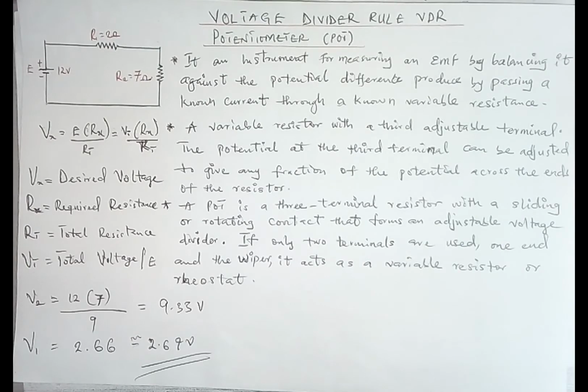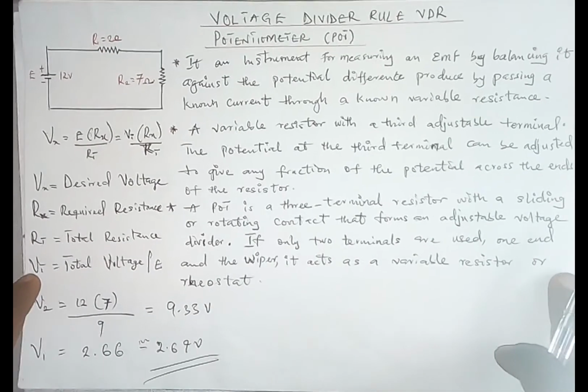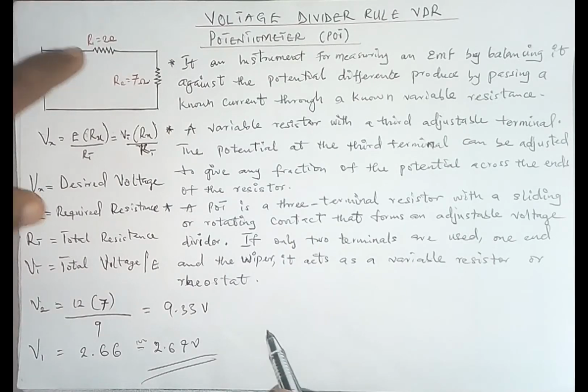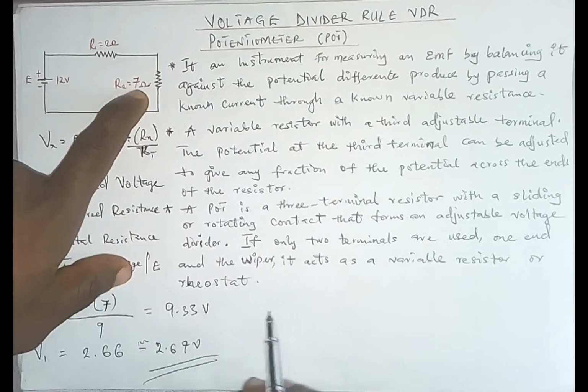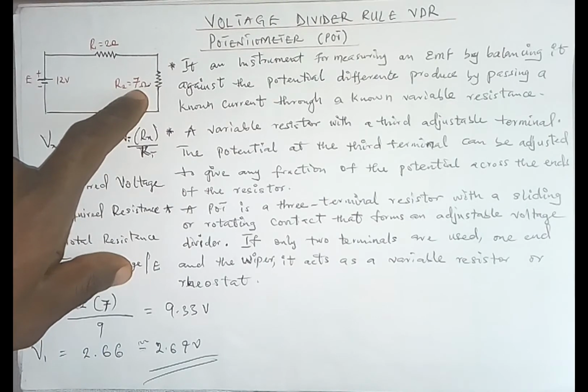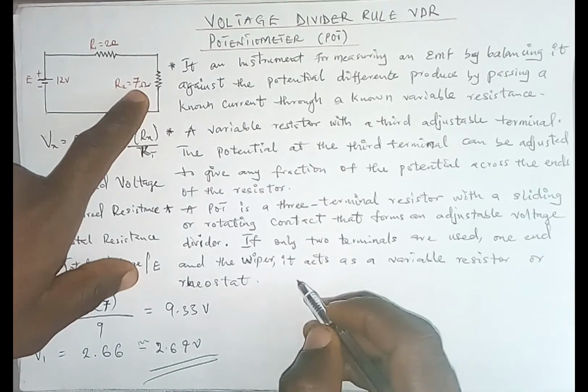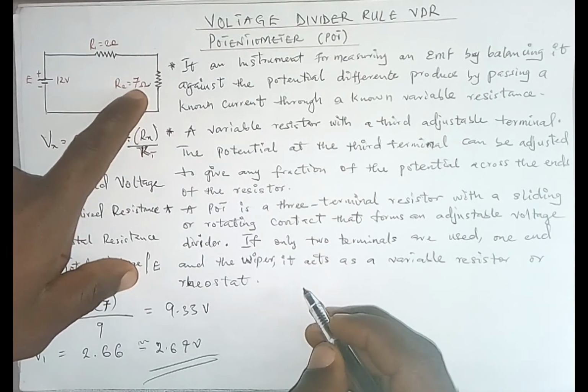In that case, I'm going to introduce another VDR equation. Since R2 is what we are dealing with, I want a particular voltage to drop at R2, let's say approximately 5 volts. So we can have another circuit.